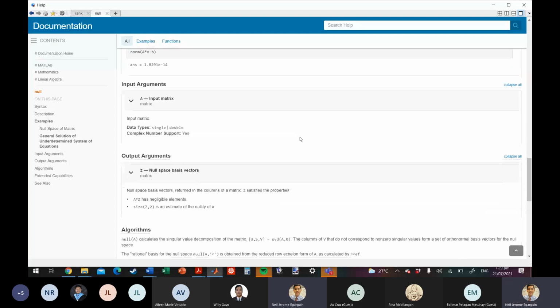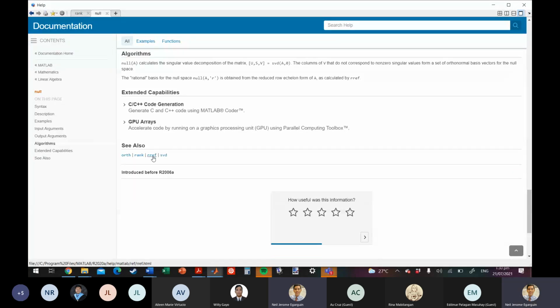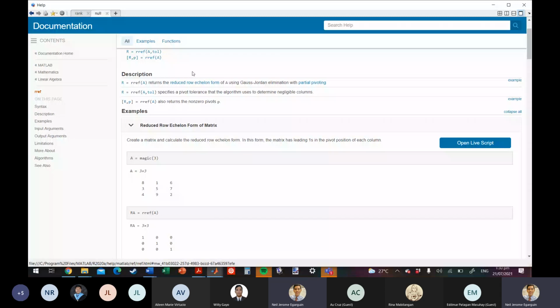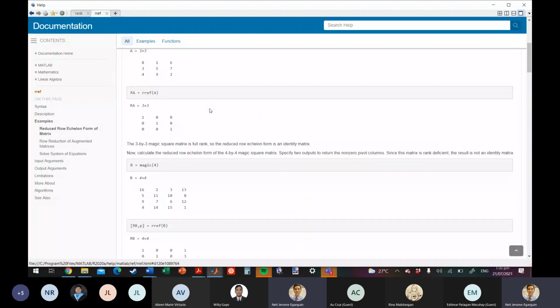Then it also has some friendly links here, say RREF, yung mga related na code sa kanya. So you can click on RREF and then show how RREF works, detailed examples, and so on. That's what I love with MATLAB. Napakaganda nung kanyang documentation or the help files that you can access even if you are offline.